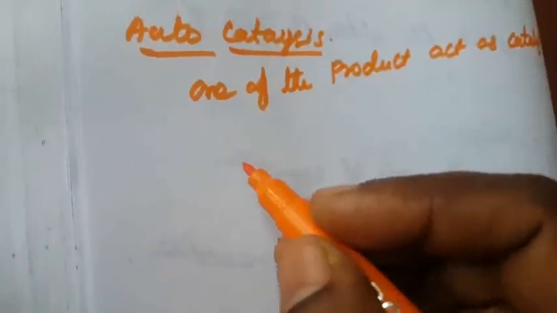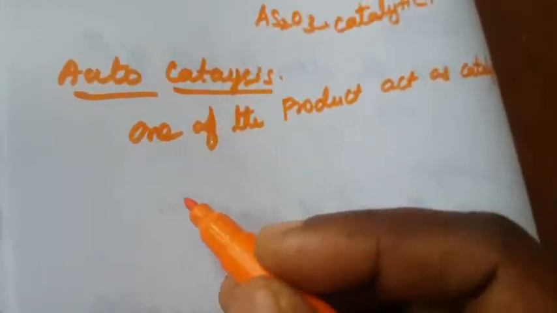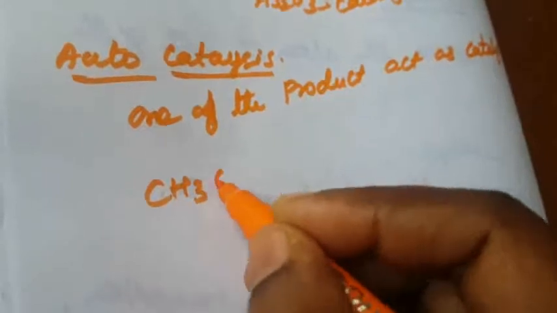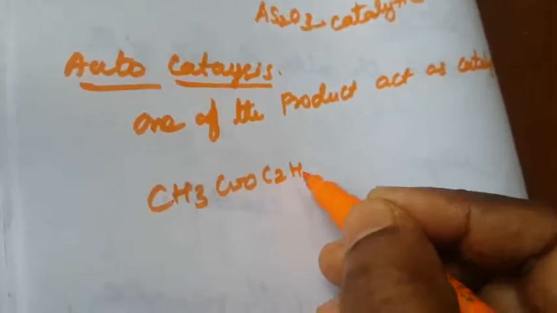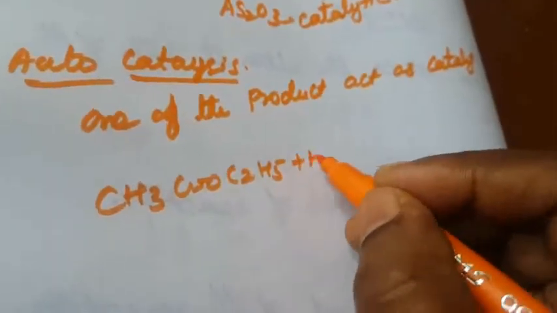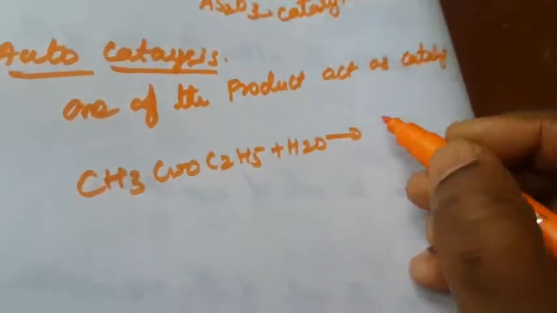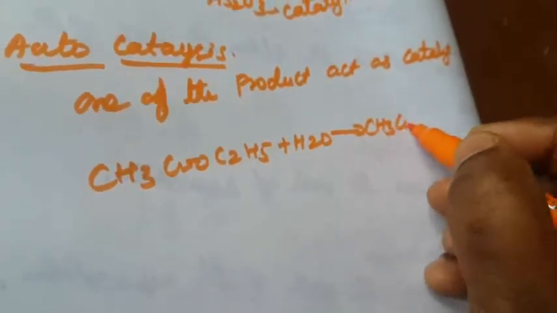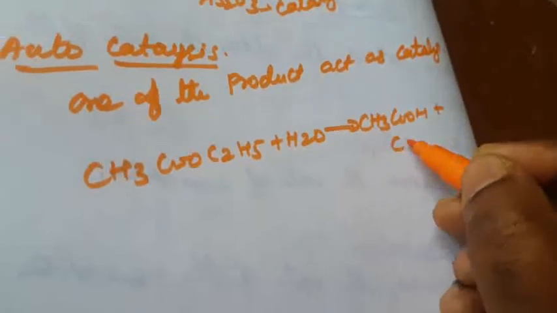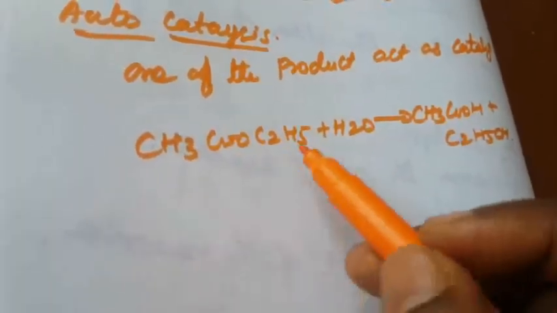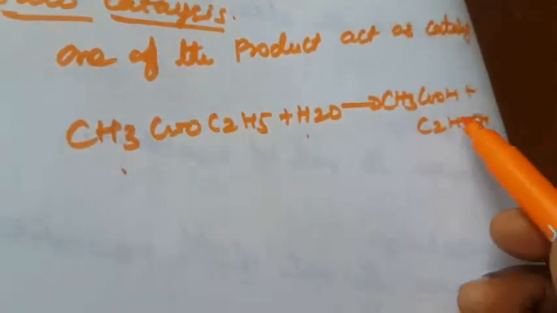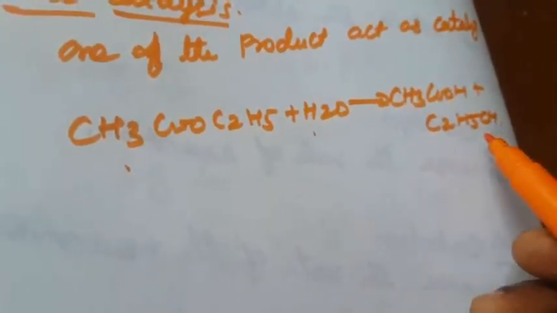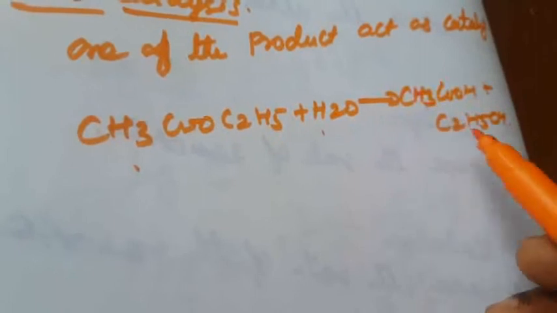So here is one autocatalyst example: ethyl acetate, CH3COOC2H5, in the presence of water forms acetic acid, CH3COOH, plus ethyl alcohol, C2H5OH. Okay, so this is another one.